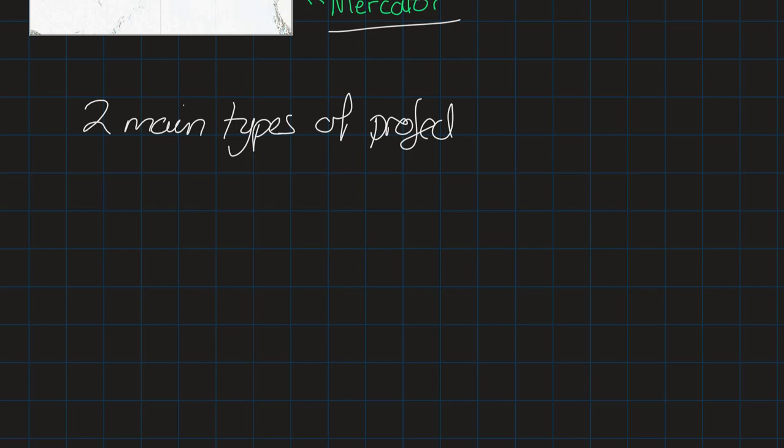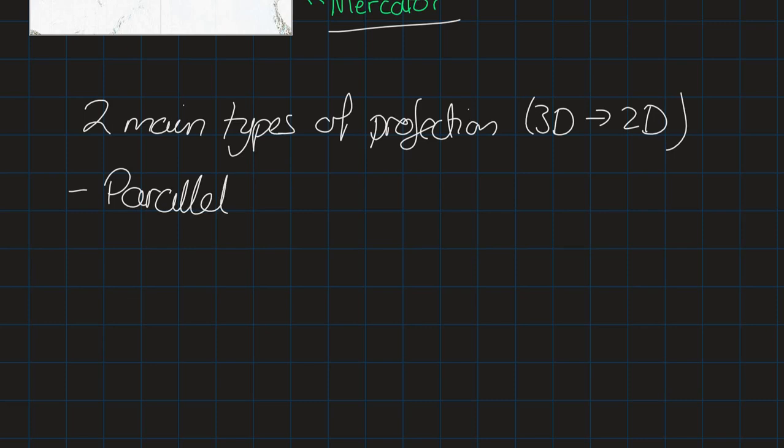So there are 2 main types of projection from 3D to 2D. There are more than 2, but there's only 2 main types which we're going to be focused on in this course, and they're called parallel projection and central projection.